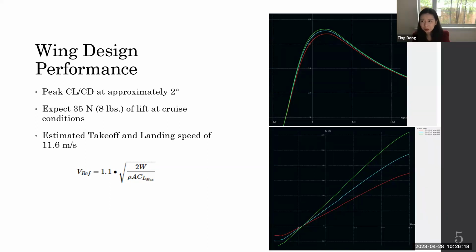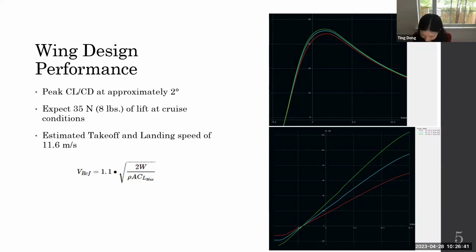Otherwise, there are like 1,000 ways to do a wing design. Why did you choose a specific way? How do I know it's good enough? Give me an initial estimation, give me a target, give me an expectation, and then talk about why you design a certain way, and why your design satisfies the expectation. Definitely understood. Thank you.